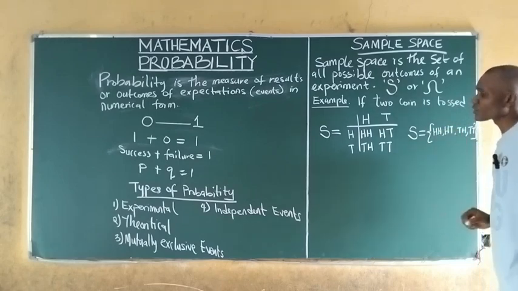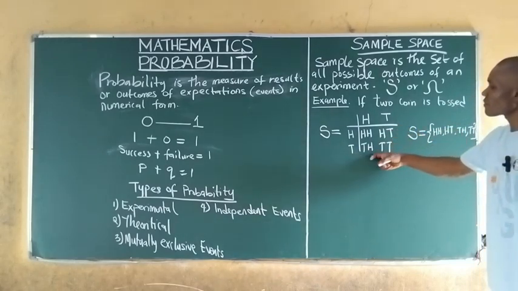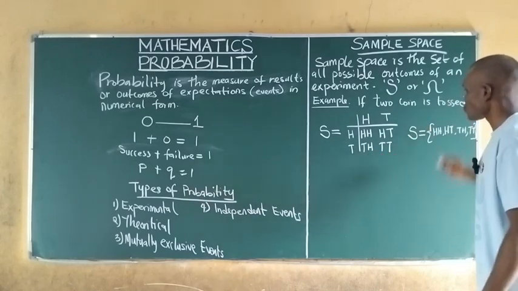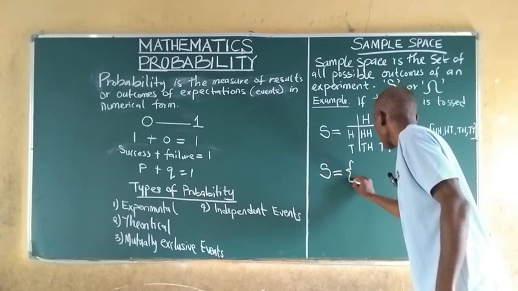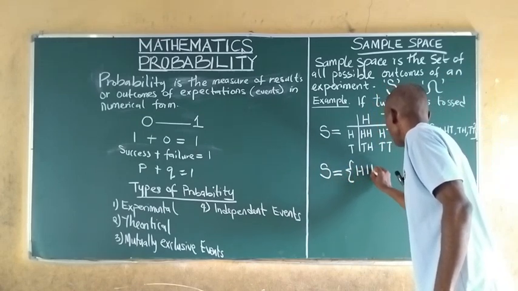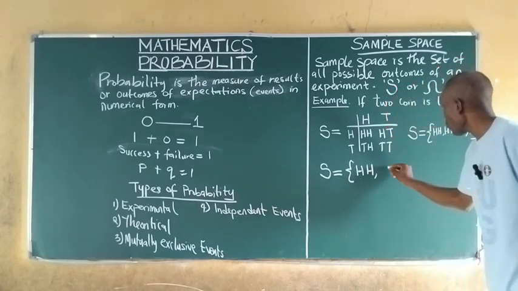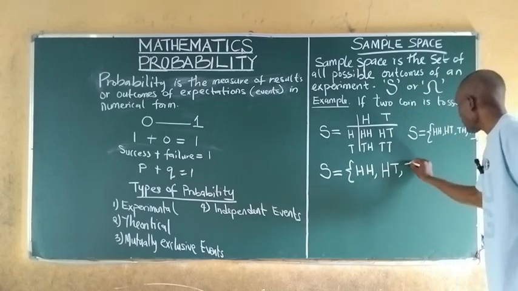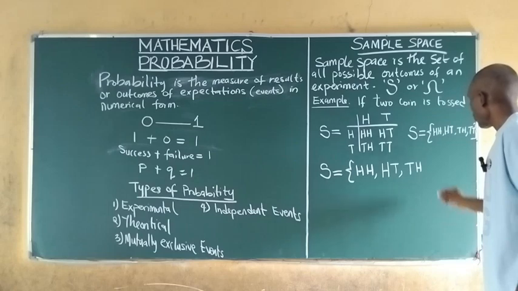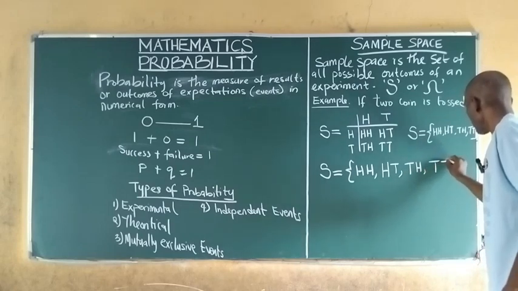These are the possible outcomes we can have if two coins are tossed.